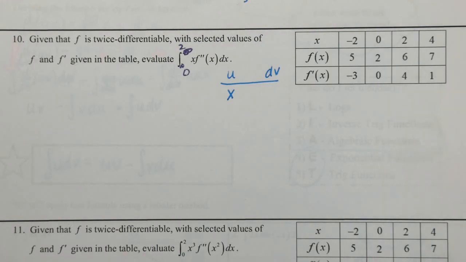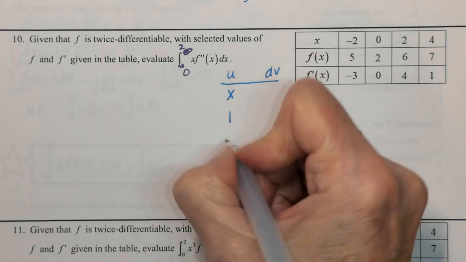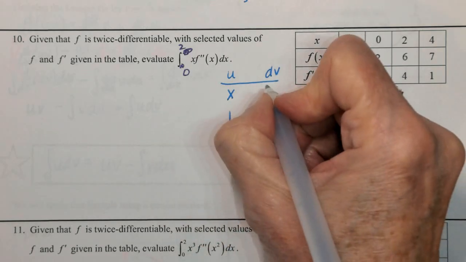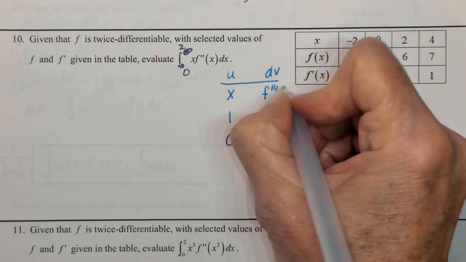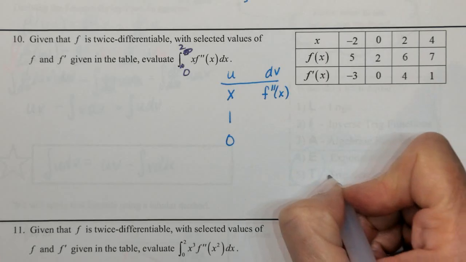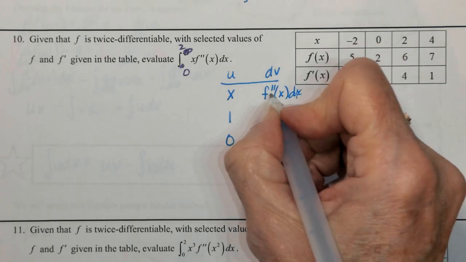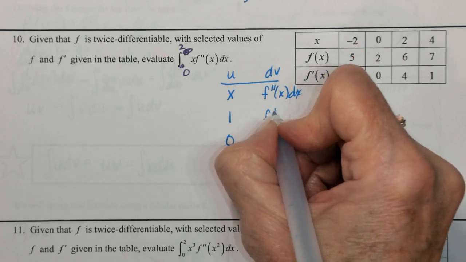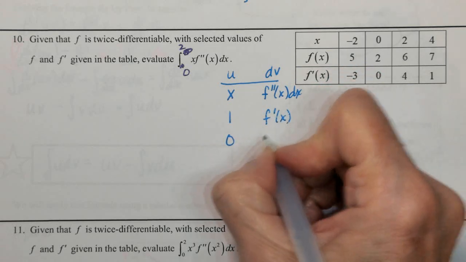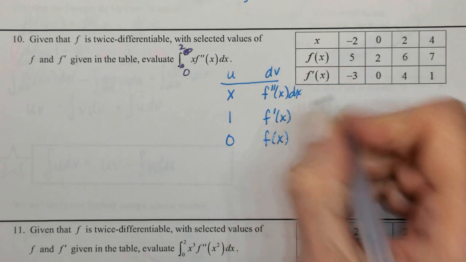All right. So u is x, the derivative is 1 and 0. dv is f double prime of x dx, the antiderivative is f prime, and the antiderivative is f.